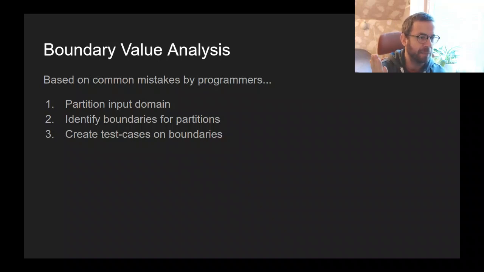It's quite common that programmers make mistakes on these equivalence, greater than and equal, or less than and stuff like that. So if programmers are commonly making these mistakes, if these are rules and specific numbers, then perhaps we should do what's called boundary value analysis, which means that we identify the actual boundaries between these partitions, and then we create test cases on these boundaries.